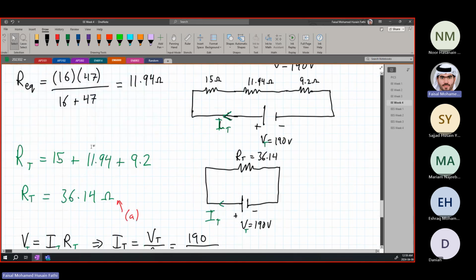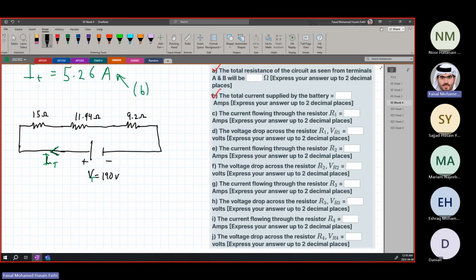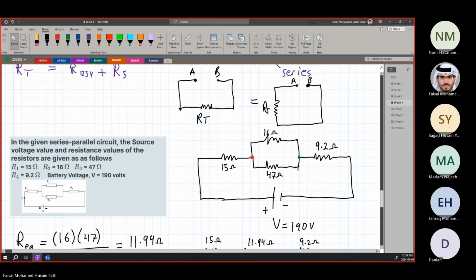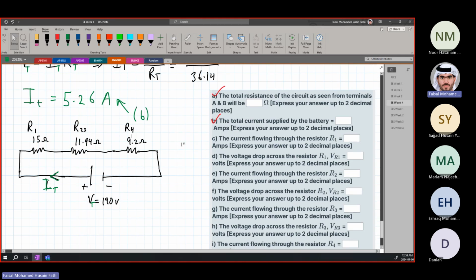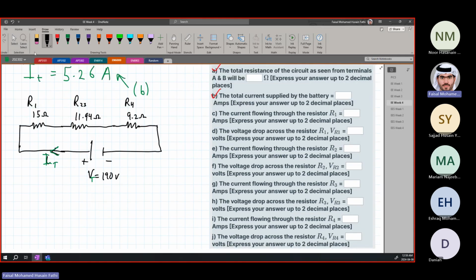Just a reminder, this is R1, this is R23, and this is R4. Yes, okay. This is R23, the combination, and this is R4. Now we have the total current going through the circuit. I total.